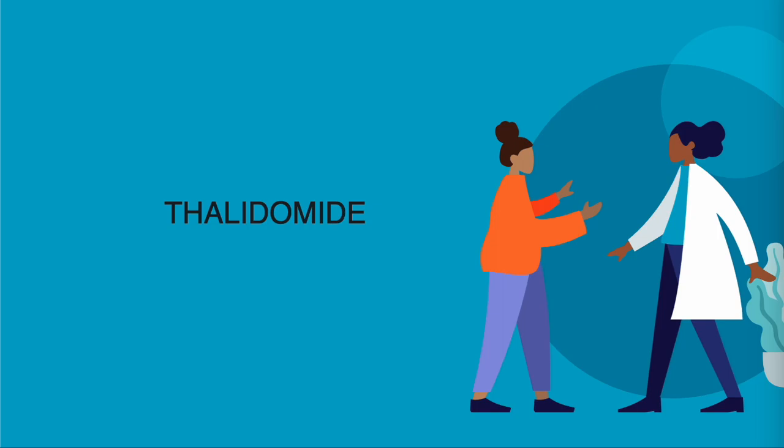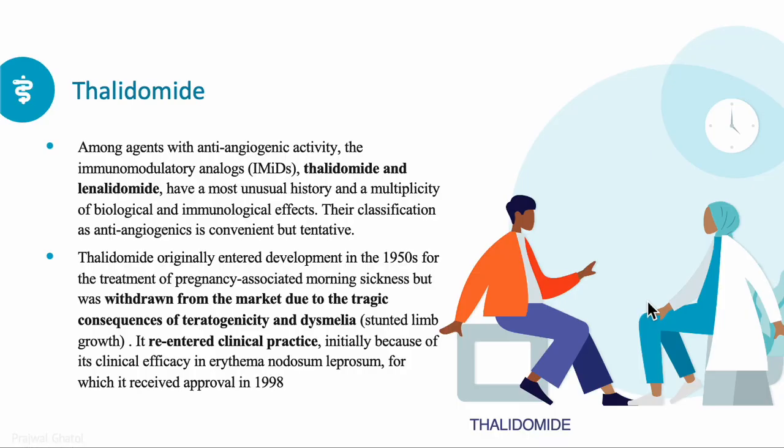Here we will discuss the uses of thalidomide in cancer treatment. Thalidomide is an immunomodulatory analog which has anti-angiogenic activity. Thalidomide and lenalidomide are used as anti-cancer agents.